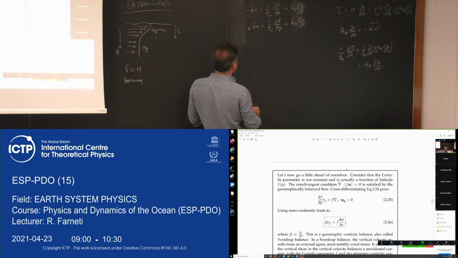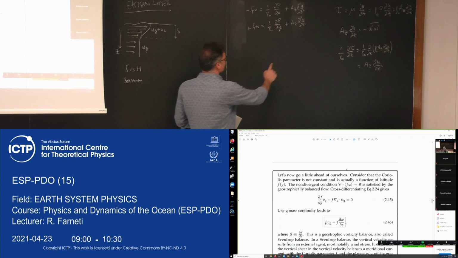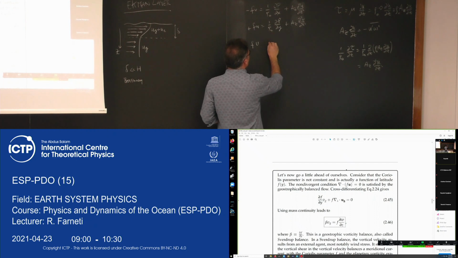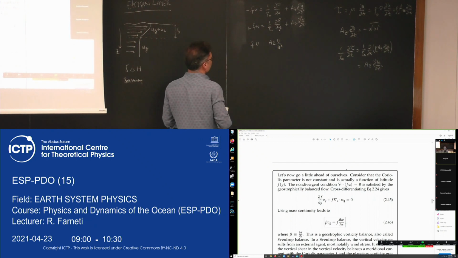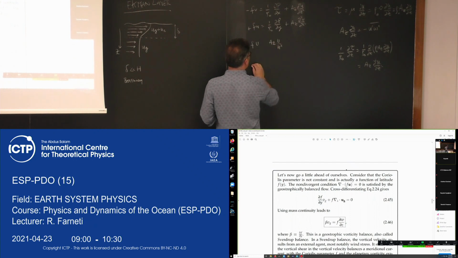Now you can make a scale analysis here and look at the relative strength of the frictional terms and Coriolis. So you have F and a typical U, and you have AZ, then U over H squared, and one over the other.